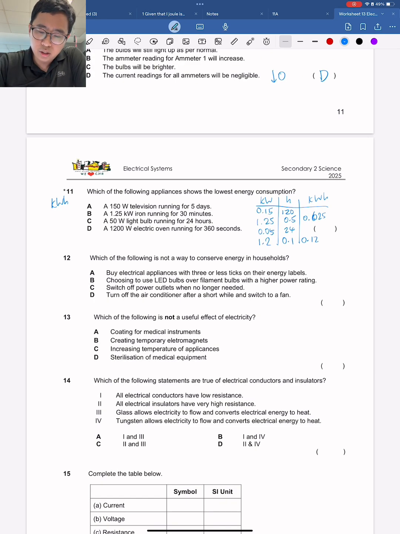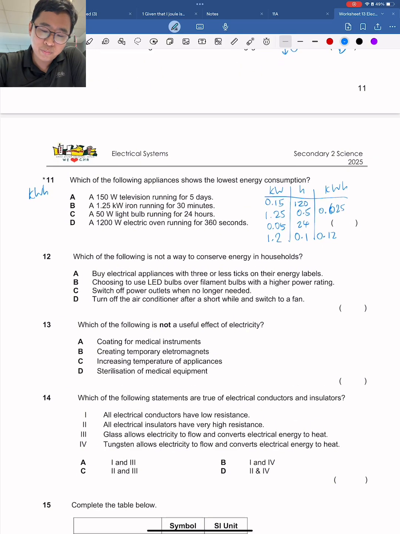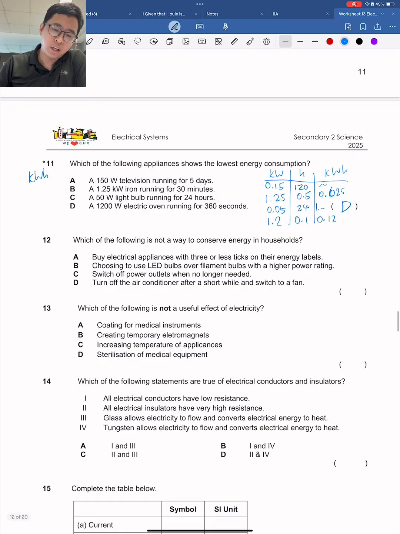This will definitely be more, divided by 20, so it'll be like 1 point something, I guess. And this will be larger. So the answer is D. You can do the math and figure it out, but the important thing is to convert them all to the same units. Doing a table like that would help you.